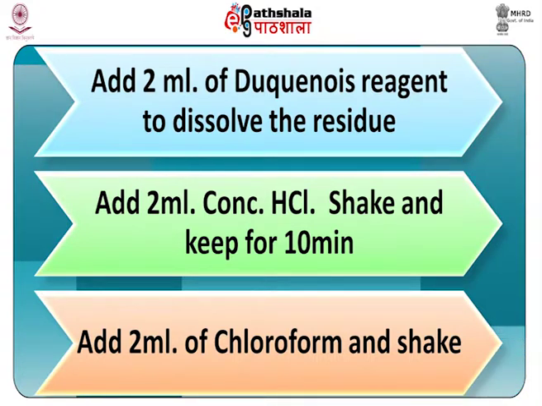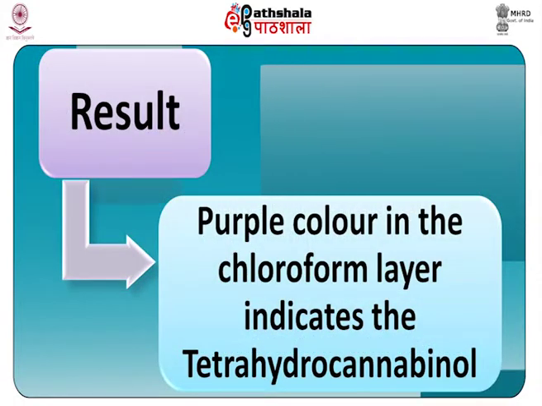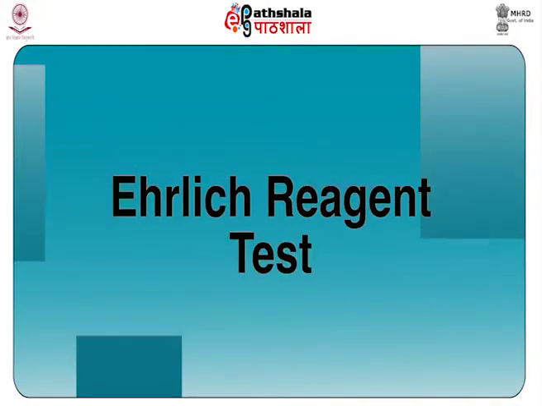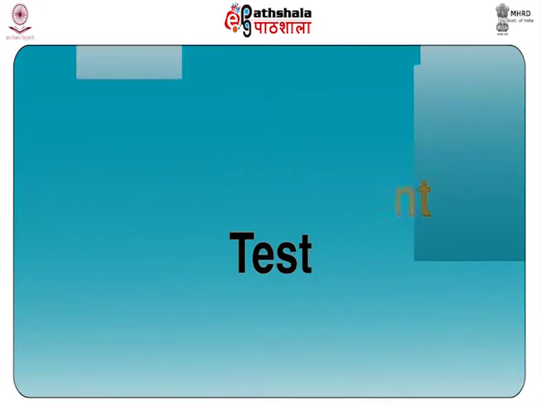Add 2 ml of concentrated hydrochloric acid. Shake and keep for 10 minutes. Transfer the solution into a test tube, add 2 ml of chloroform and shake. Purple color in the chloroform layer indicates tetrahydrocannabinol.